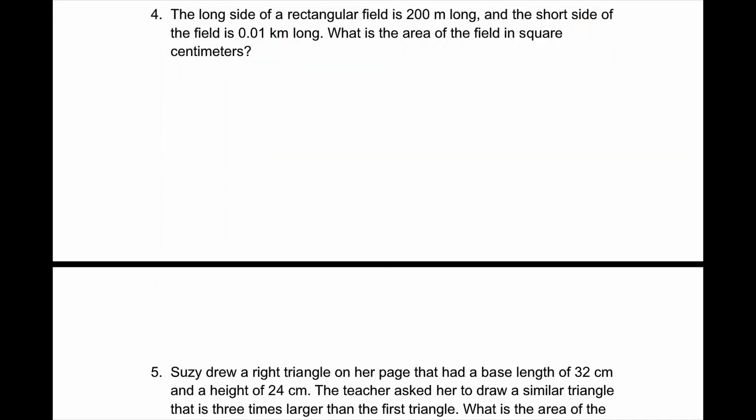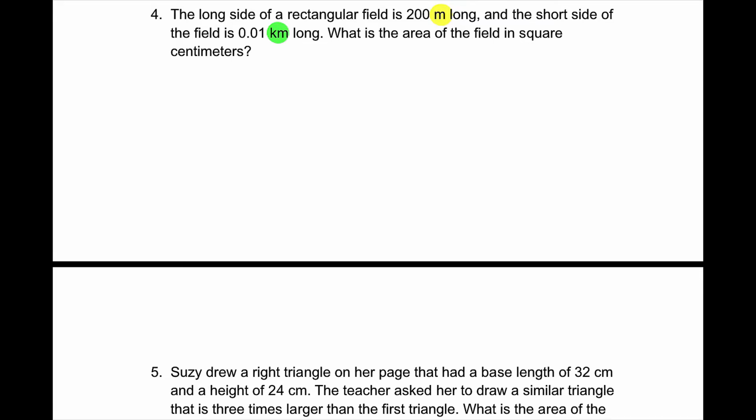Okay, question number 4. It says we have a rectangular field and the long side is 200 meters and the short side is 0.1 kilometers. The first thing you want to notice here, and it's really important, is that we don't have the same units. For the length, I've got meters, and for the width, I've got kilometers.